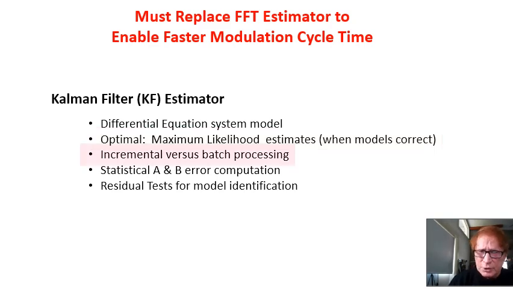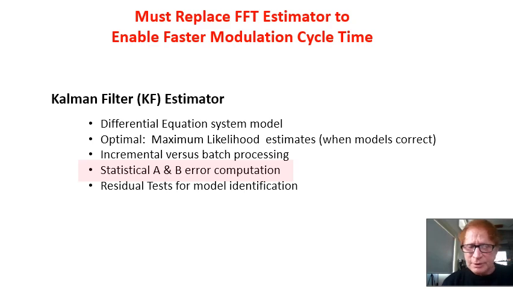The Kalman filter numerical processing is incremental, so that each new measurement is processed as it is taken. This is in contrast to the FFT, where all data must be in hand at the end of a symbol time. The Kalman filter naturally provides a covariance matrix as a product of the algorithm implementation.